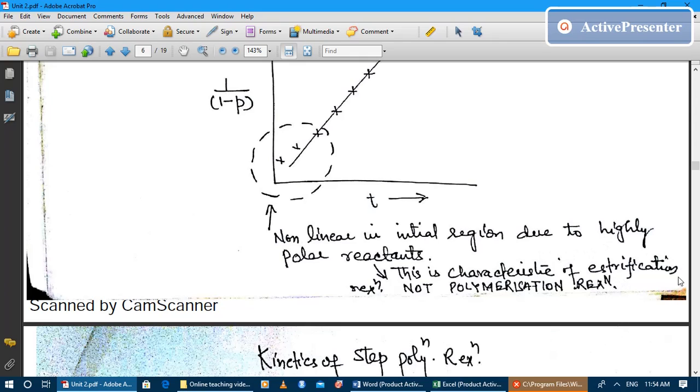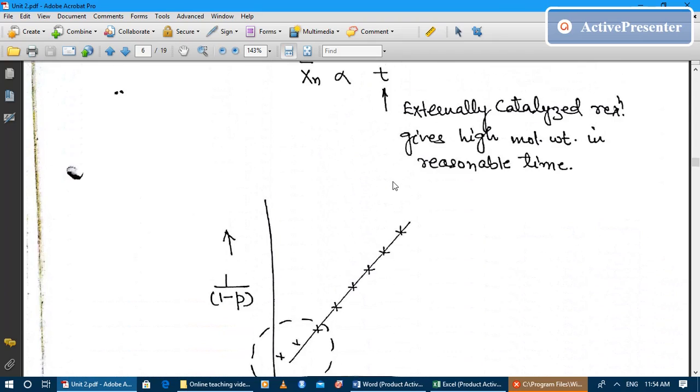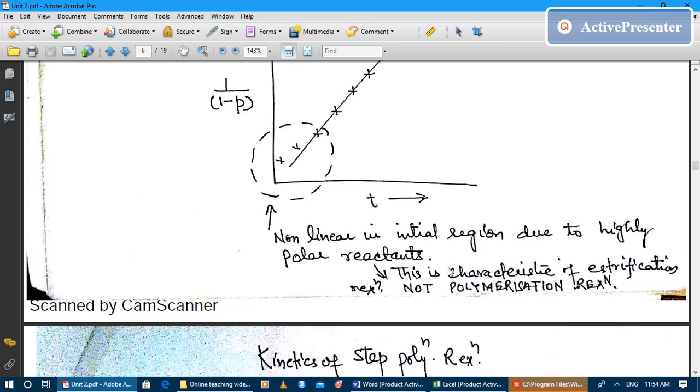So in case of any esterification reaction, you will observe that the experimental data deviates from the kinetic model. So this deviation is because of the higher polarity of the reactant in case of esterification reaction, whether this esterification reaction is a polymerization reaction or some other kind of esterification reaction.